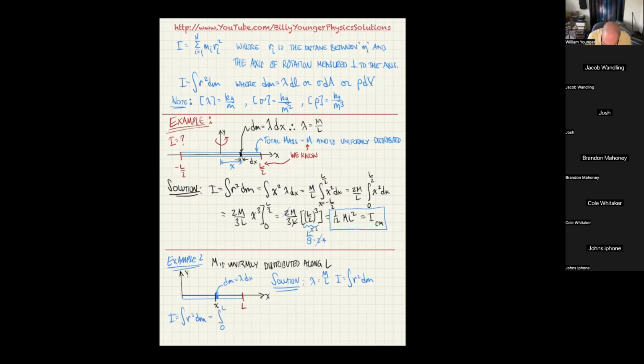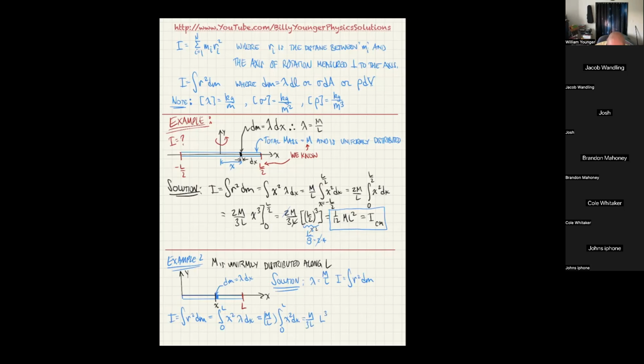So now I can say that I equals the integral of R squared dm is going to become the integral from 0 to L of x squared times lambda dx, which is going to be M over L, because that's what lambda is, times the integral from 0 to L of x squared dx, which you can see becomes M over L times 1/3 of L cubed.